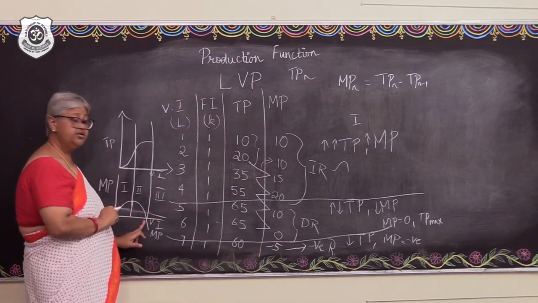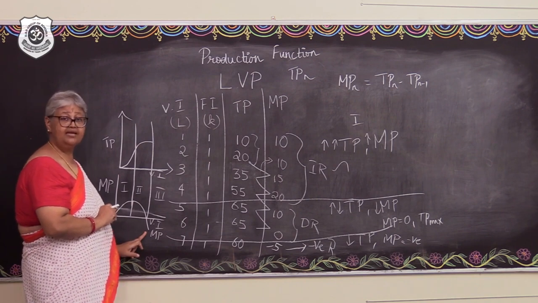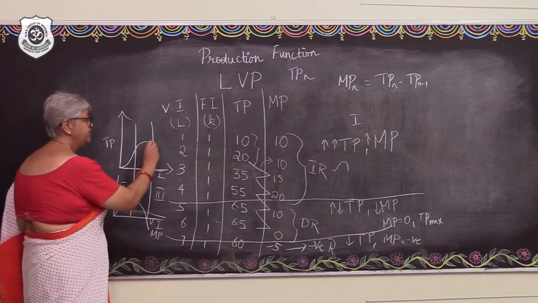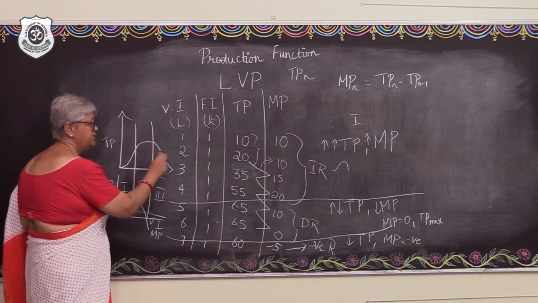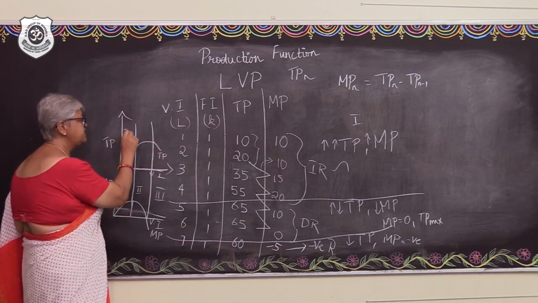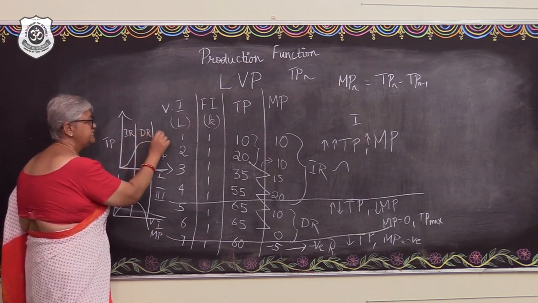When MP becomes 0, the TP becomes maximum. And when MP goes into the negative quadrant, the total product will start falling. So this is the increasing return stage, this is the decreasing return stage, and this is the negative return stage.